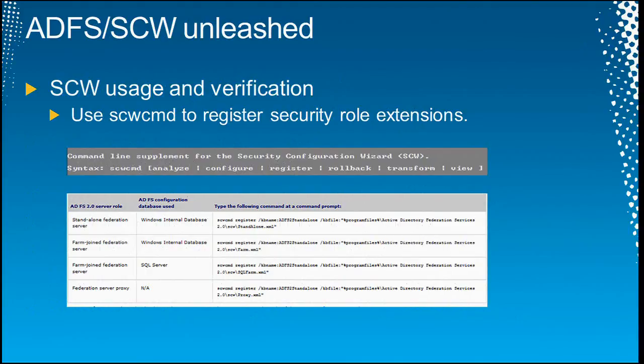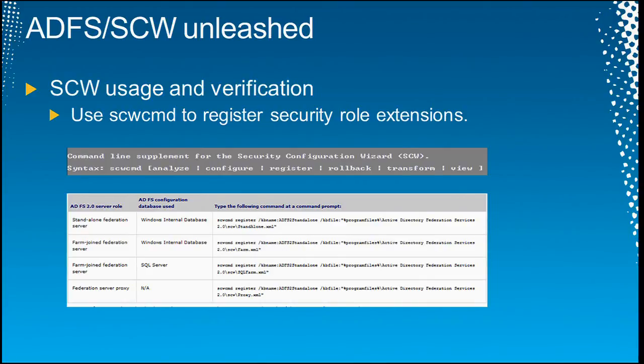Here's an example. We talked about how your first and best friend where securing ADFS is concerned is the Security Configuration Wizard. This is an example of the syntax that's needed to secure the default configuration for a standalone ADFS server that's using WID, the Windows Internal Database, an ADFS server in a farm config that's using WID, or an ADFS server in a farm config that's using SQL as its backend rather than WID.